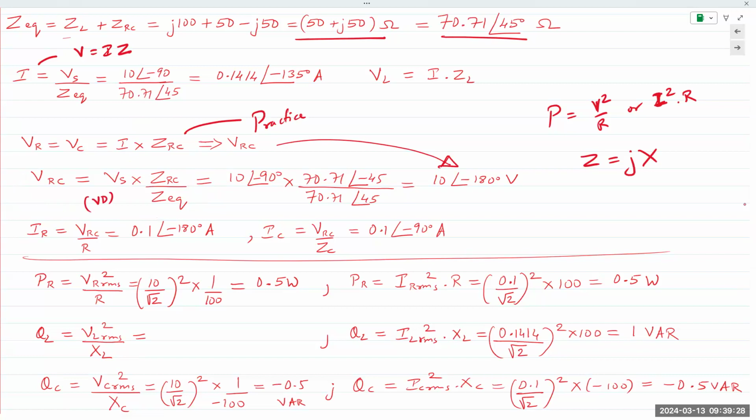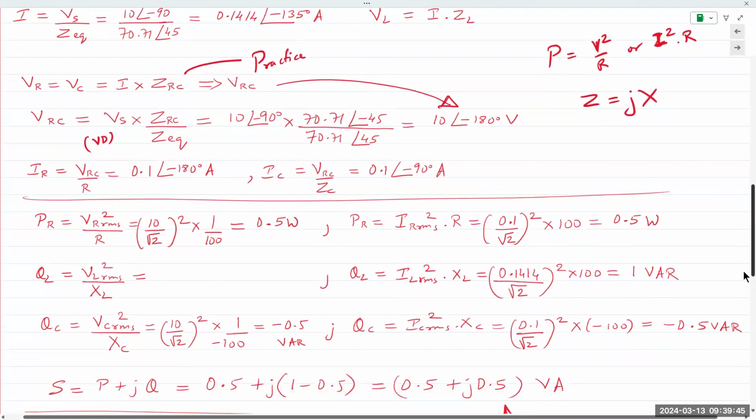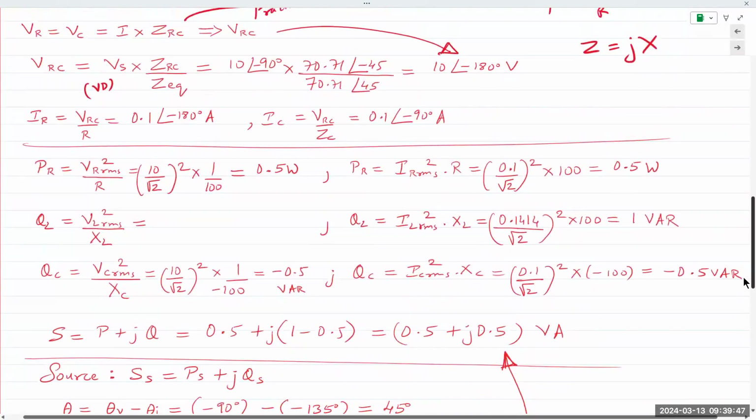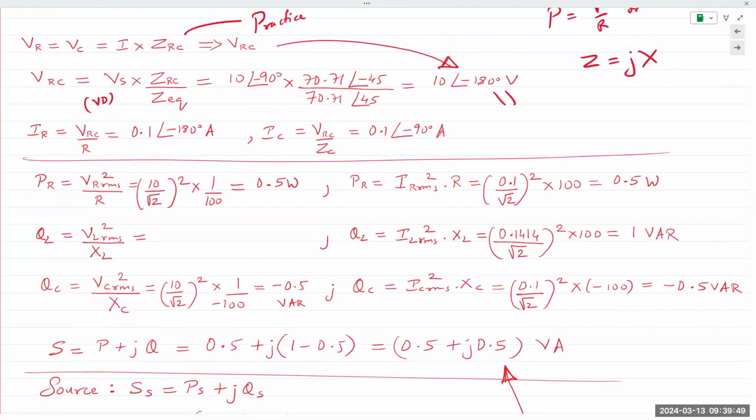Then IR, just because, as I said, I want to show the other approach. You can find IR again from Ohm's law, and you can find IC again from Ohm's law. You find both the resistor as well as the capacitor current, and you can find the power for each component that way.